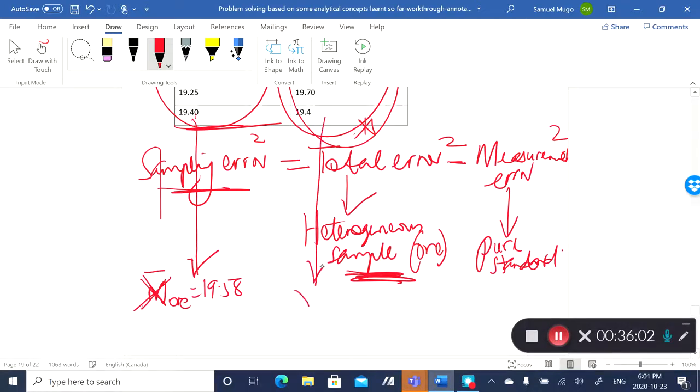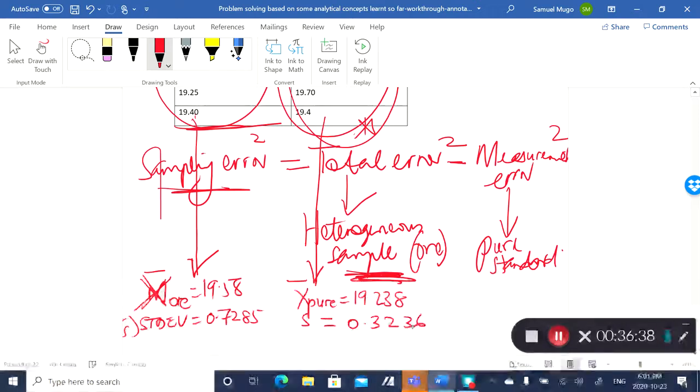Whereas the mean of the pure one is 19.238. Then if you calculate the standard deviation, you're going to find the standard deviation of the ore is 0.7285, whereas the standard deviation of the pure one, let me call it S, is 0.3236.